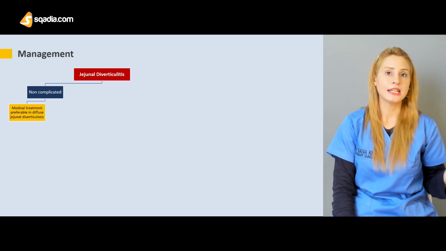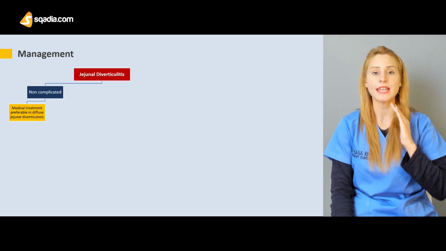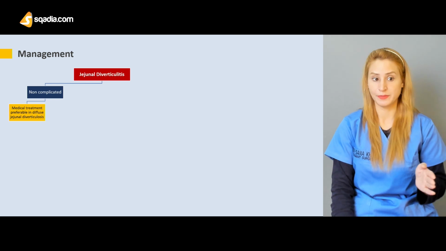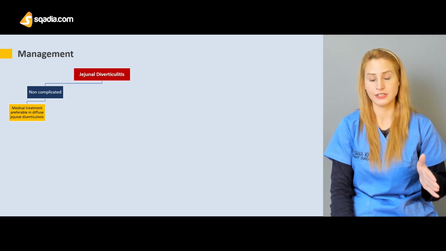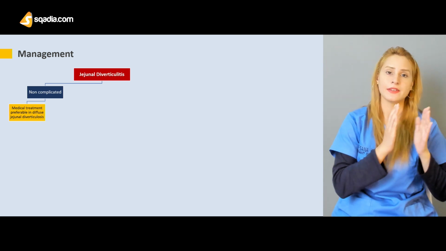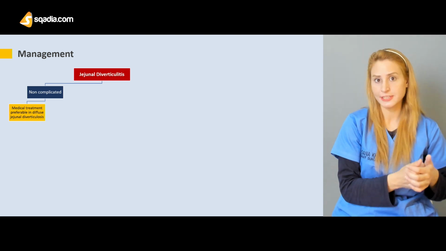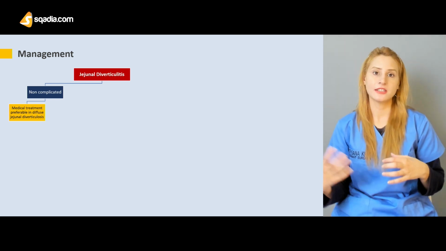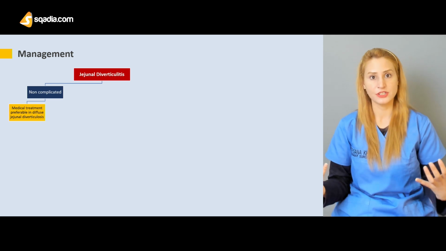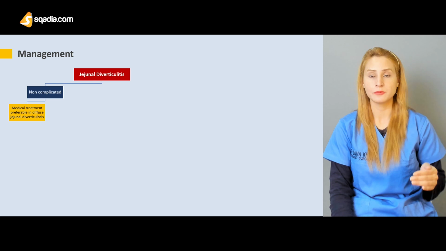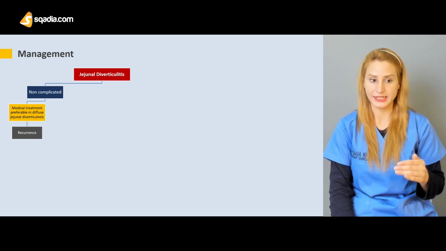If there is diverticulitis and it's non-complicated, then you go for medical treatment. In diffuse jejunal diverticulitis, you have already done the imaging, so you know whether there is a single diverticulum or multiple diverticula. In case of extensive diverticulosis or diffuse jejunal diverticulosis, medical treatment is the option available for the non-complicated cases.